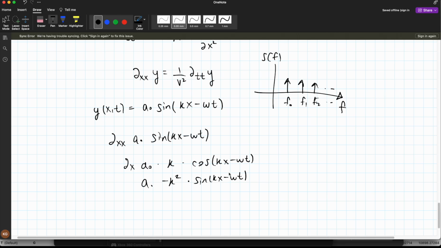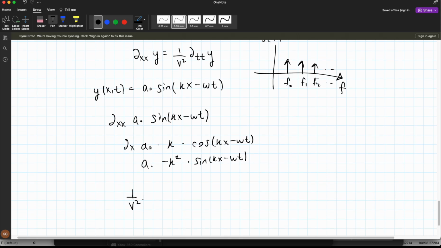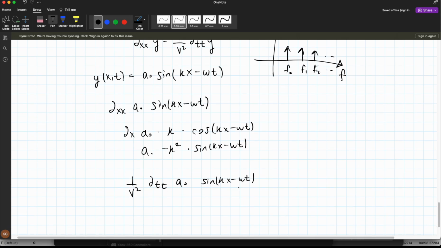And then we can do the same thing. Apply this time derivative onto this. So we get 1 over v squared d tt of a naught sine kx minus omega t. And it's the same philosophy. We're doing a derivative with respect to t. So instead of pulling out the k's, we pull out the omegas.